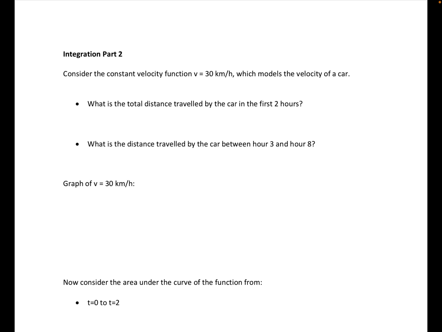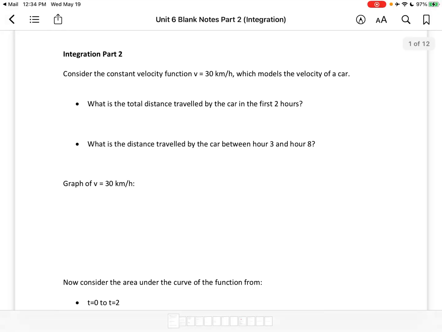Okay, so let's just start with this. Consider the constant velocity function v equals 30 kilometers per hour, which models the velocity of a car. What is the total distance traveled by the car in the first 2 hours? Well, we know that distance is velocity times time.